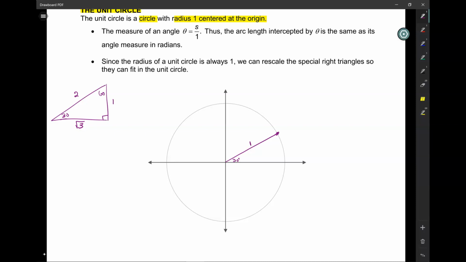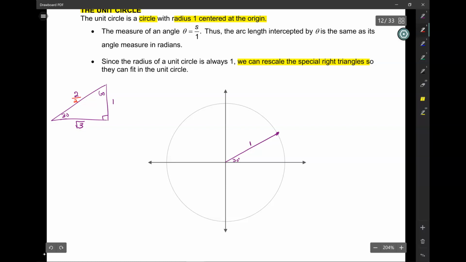That means we have to rescale the special right triangles so that they do fit in there. I have to rescale it Photoshop style, proportionally. If this has a side of 2 and I want to make it a 1, I'm going to divide by 2.